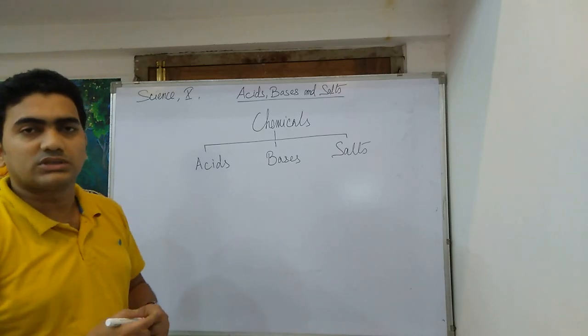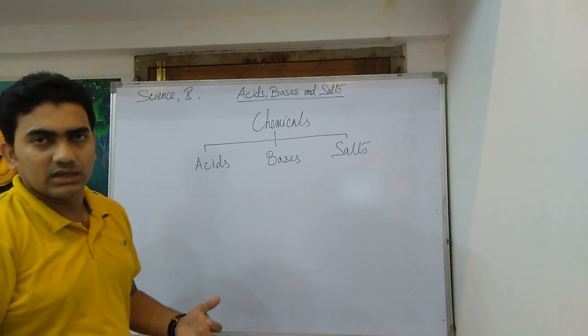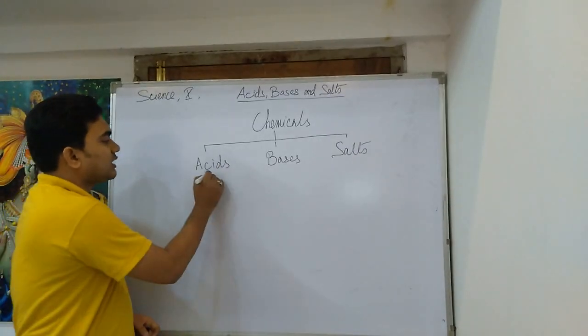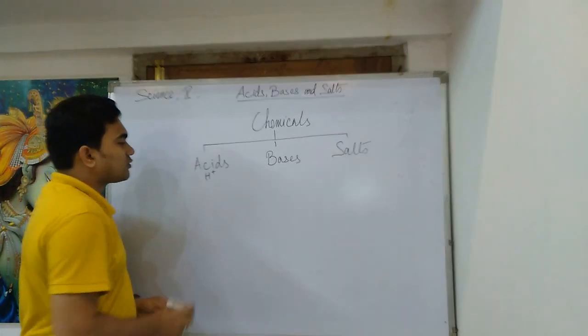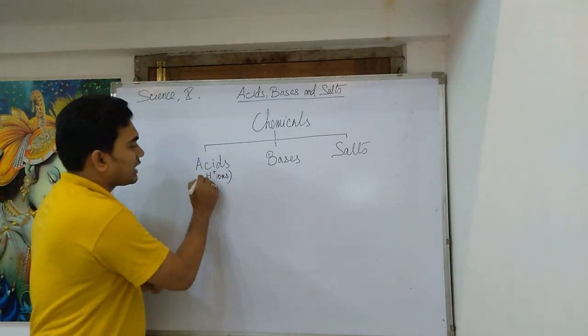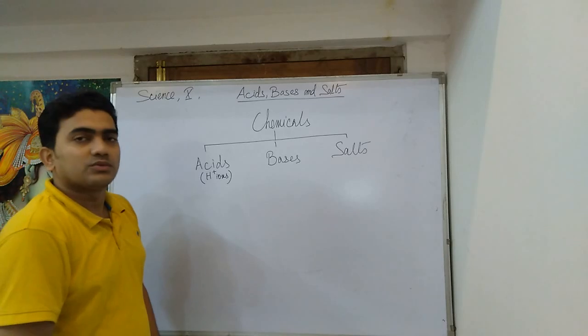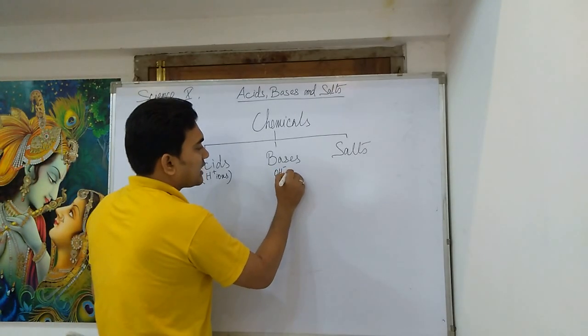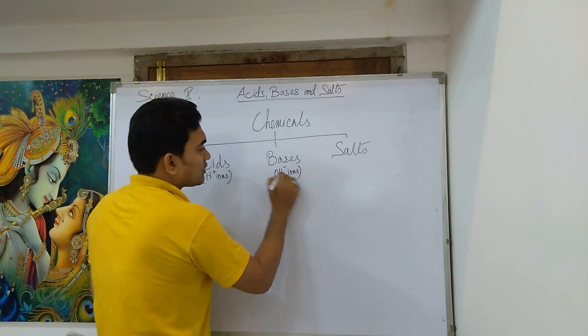Now, what are acids? Acids are those substances, those chemicals, which when dissolved in water give out H plus ions. Bases, when dissolved in water, give out OH minus ions.